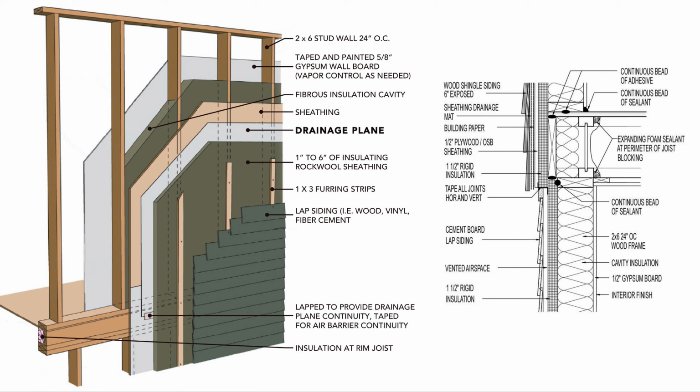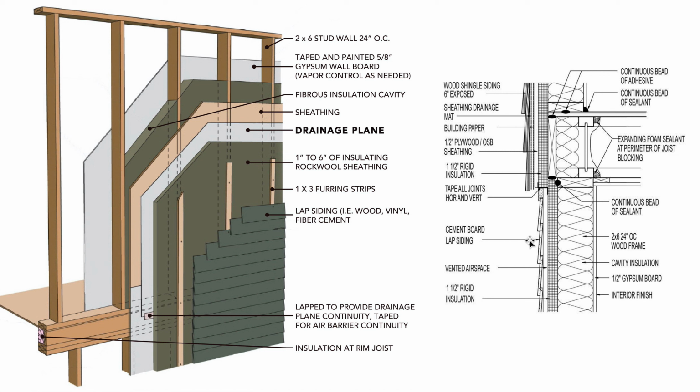If you were to take a chainsaw and cut through it, pull it apart, and use it like a rubber stamp, put it on an ink pad and stick it on a piece of paper, what you get is similar to the drawing on the right. That just has an overhang there, just for decorative reasons. The one on the top is a wood siding, and the one on the bottom is cement board siding.